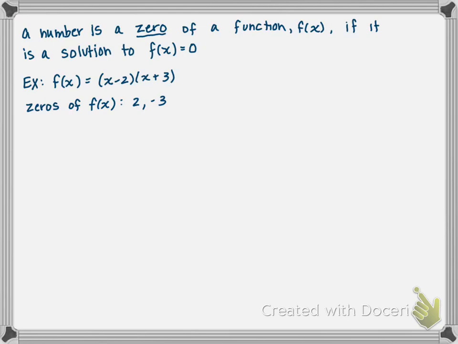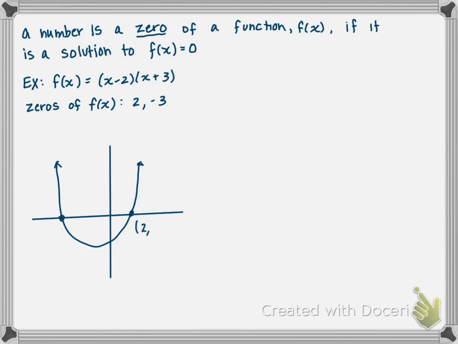So also notice that if we graph a function like this, the graph of this function would look something like that. If I plug in an input of 2 and I get an output of 0, that corresponds on this graph to the point where input is 2, output is 0, right?